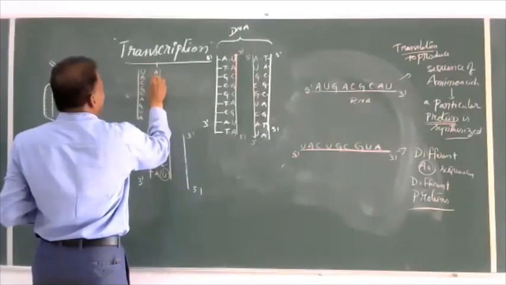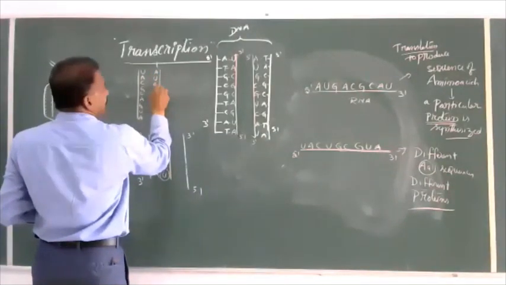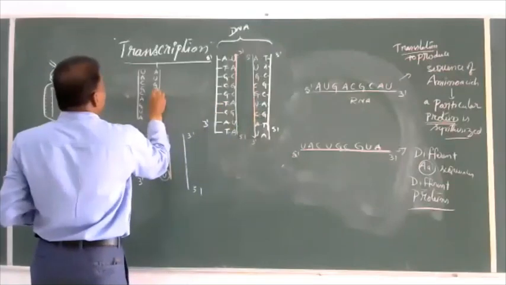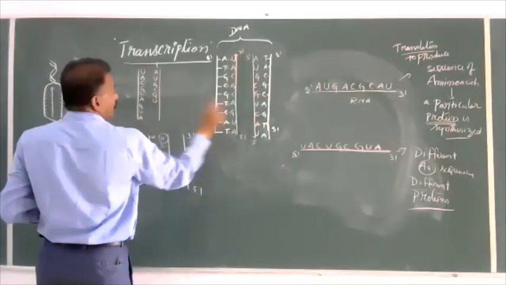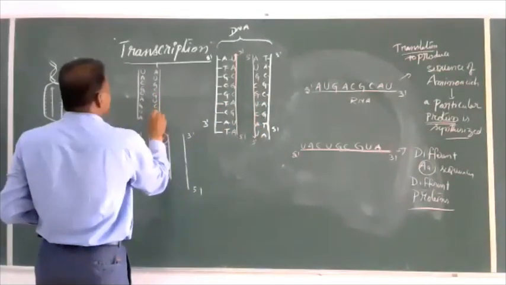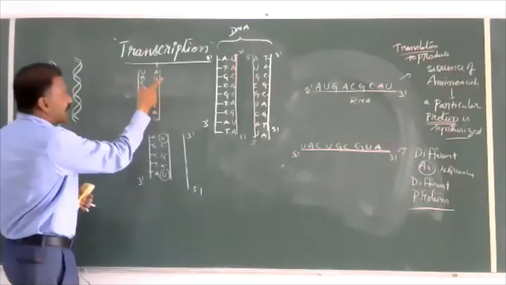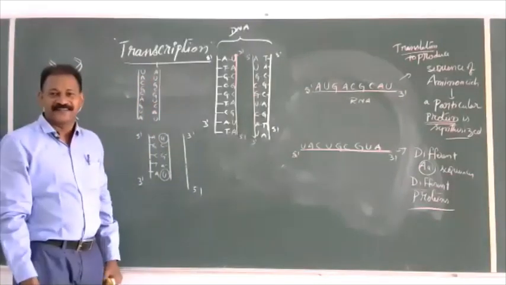A, U, G, C, G, U, C, G, U, C, A, U, C, A, U. They were having complementarity.